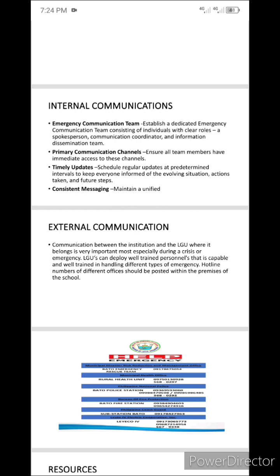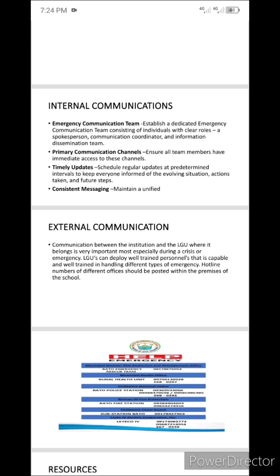It is important if, for example, you have a very big institution, so that the dissemination of information is consistent. The information being released and the updates should be consistent.